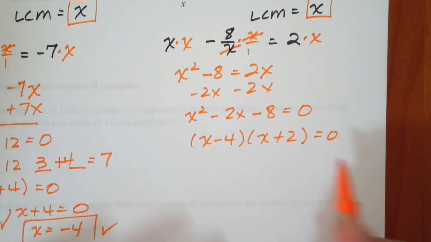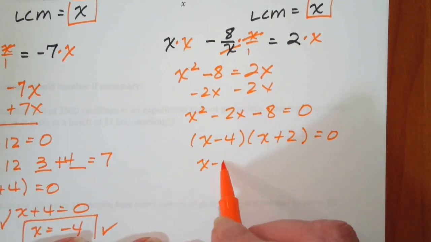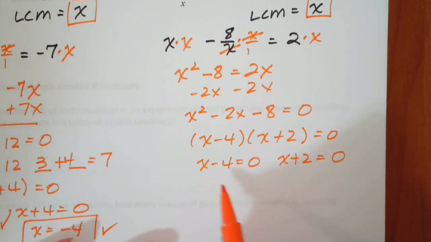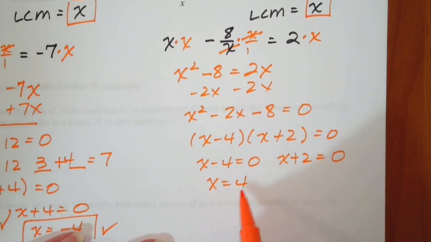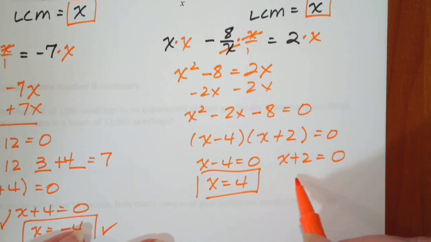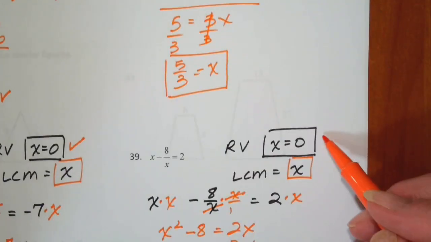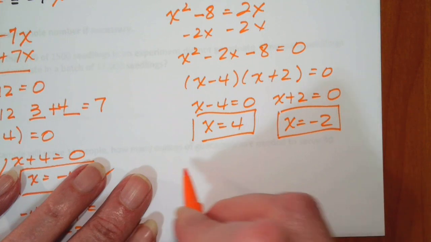So either x minus 4 equals 0 or x plus 2 is equal to 0. So x is 4, x is negative 2. Okay. All right, so I check them against my restricted values. They're okay. So now I check for accuracy.